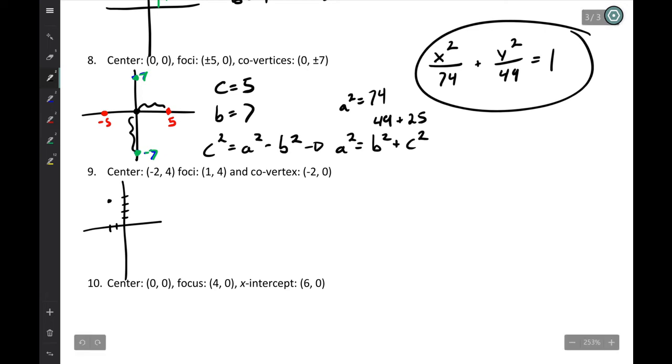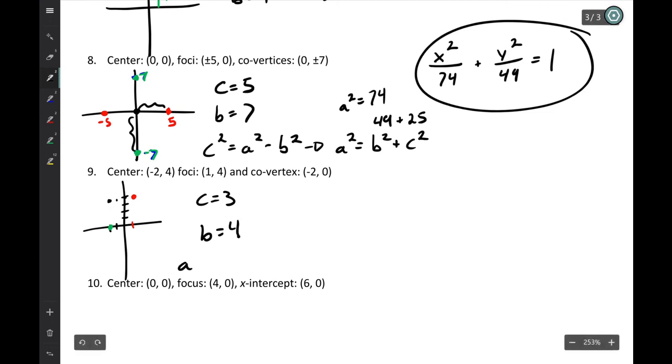My foci is at 1, 4, so I go over 1, up 4. Looking at that, that means my c distance is 3. And then my covertice is at negative 2, 0. So I go negative 2, 0. That means my b distance is equal to 4.